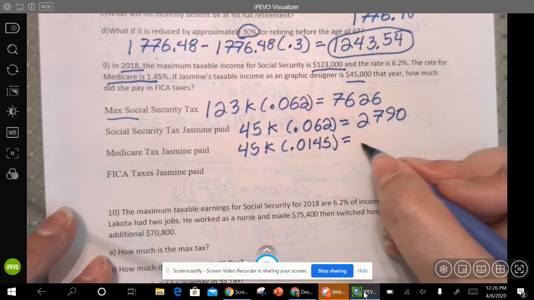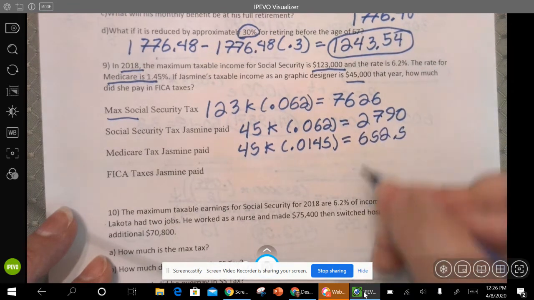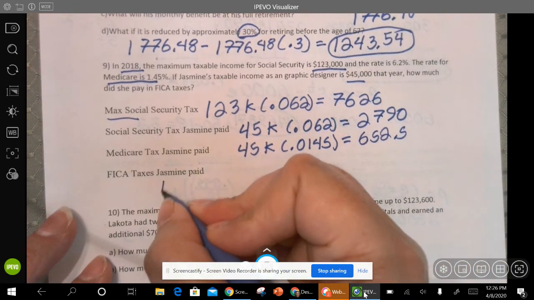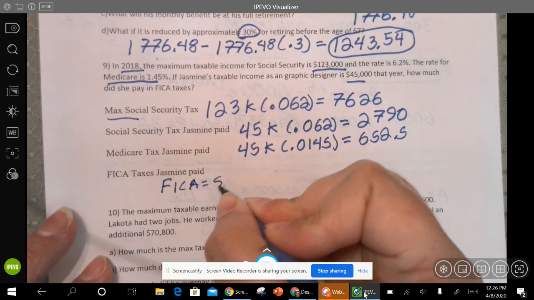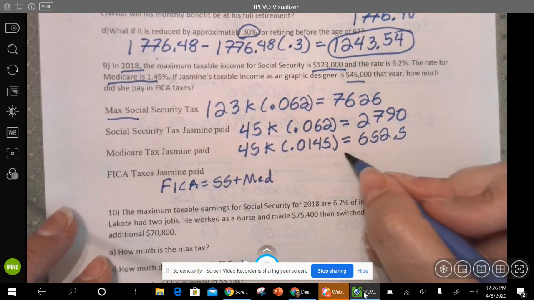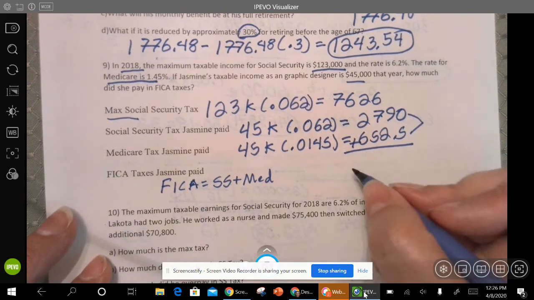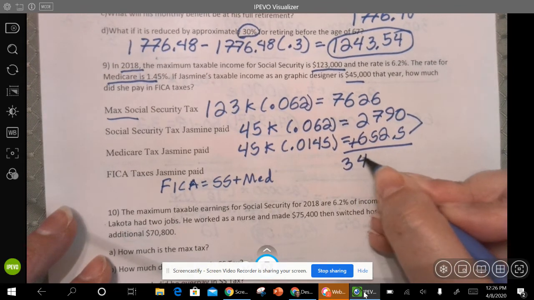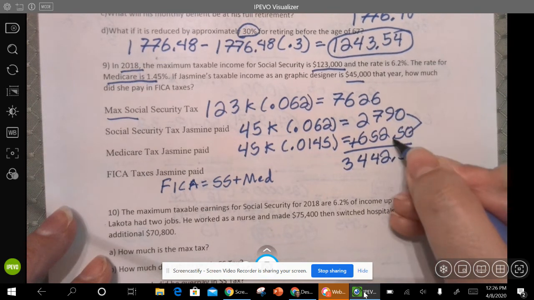Okay, so that's going to be $652.50. FICA, okay, remember we add. So FICA is Social Security plus Medicare. Okay, so it's both of these together. So we're going to add them together to get $3,442.50.